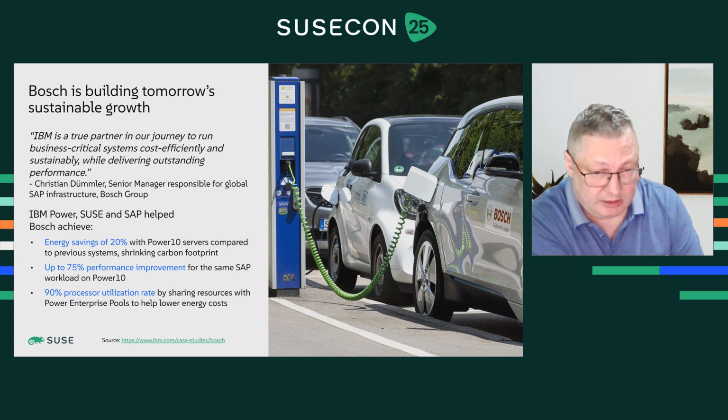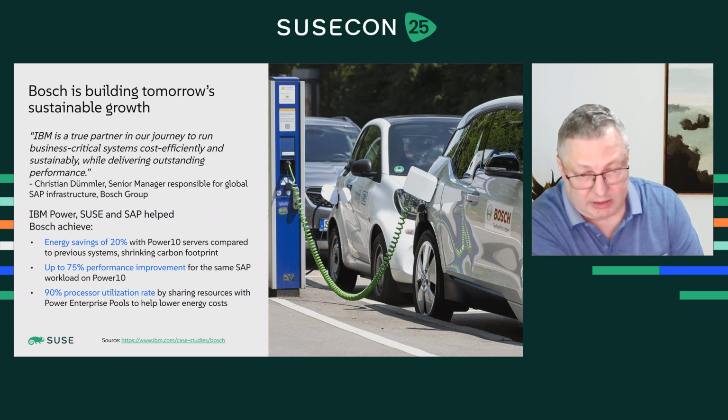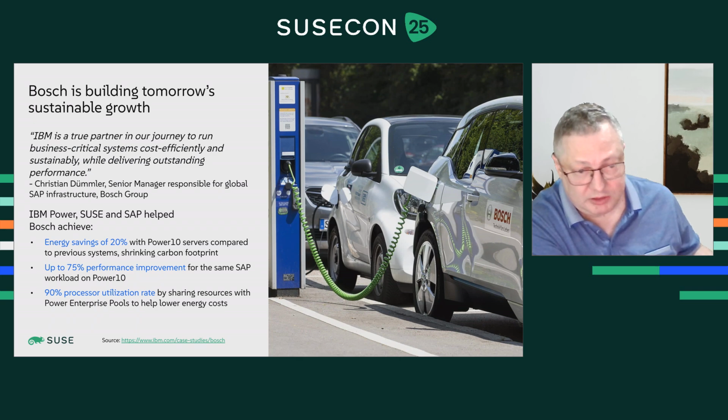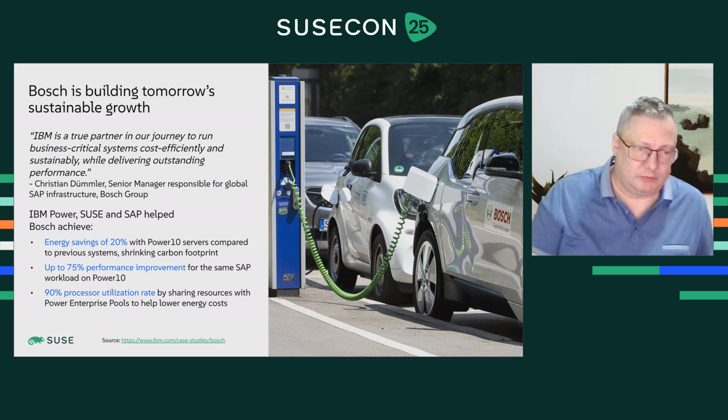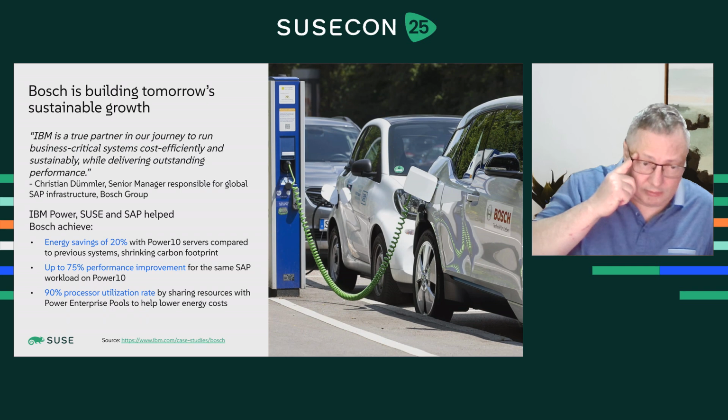And having Power systems is helping them greatly to maintain that carbon neutrality because of the virtualization technology, the shared processor pools, and the efficiency of the platform. You get energy savings of 20% compared to prior systems.